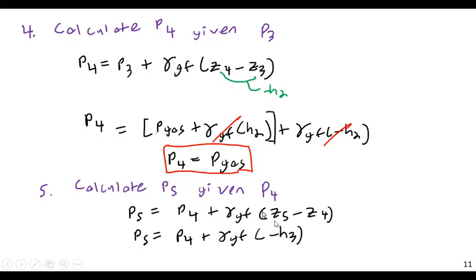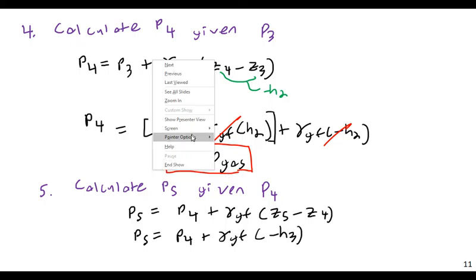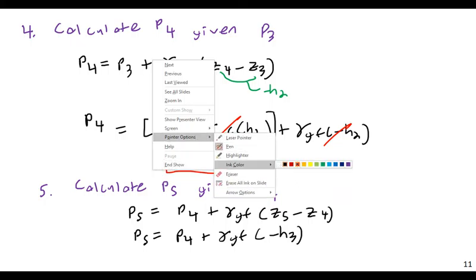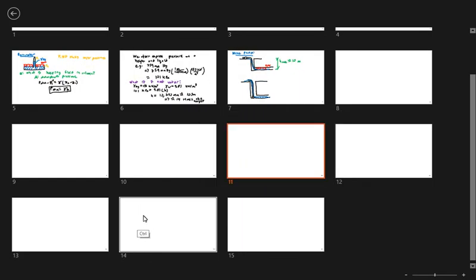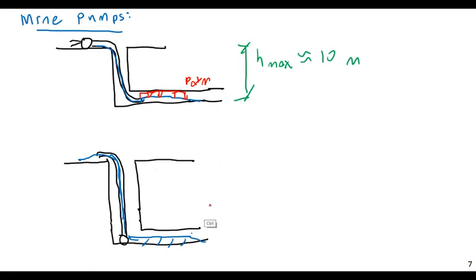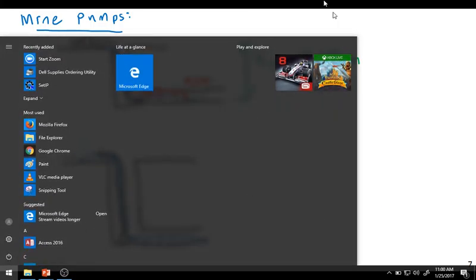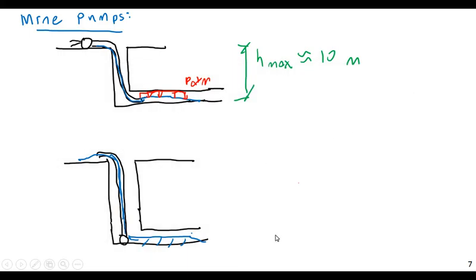Now, let's see. There is one thing that I can make 0, though, and that is actually P5. I'm just having a little technical difficulties with my slides this morning.